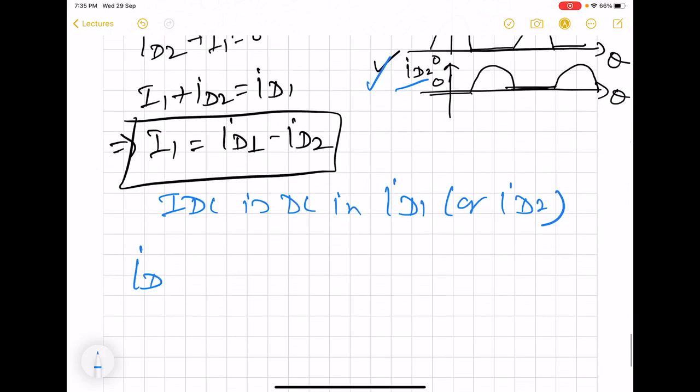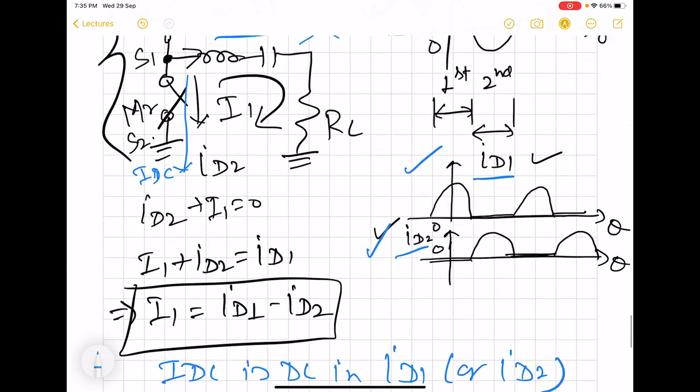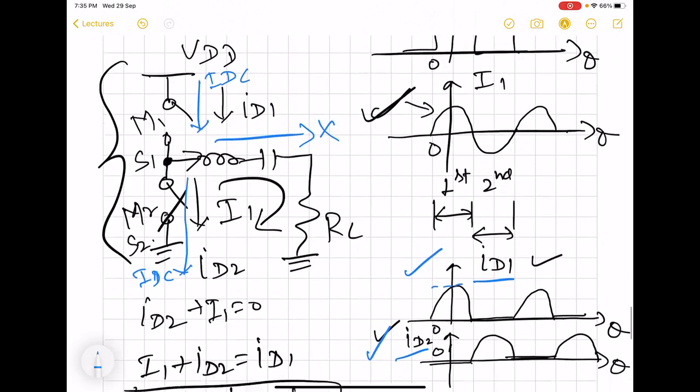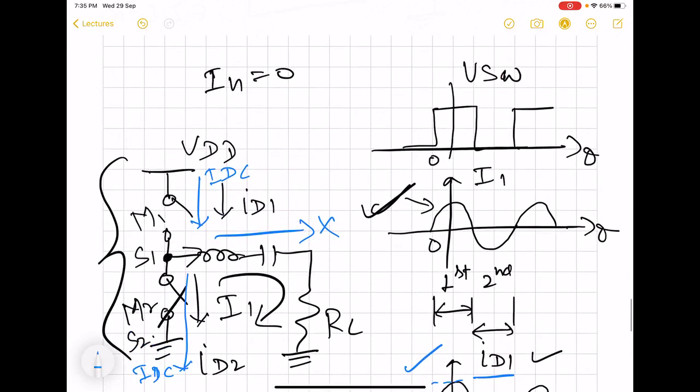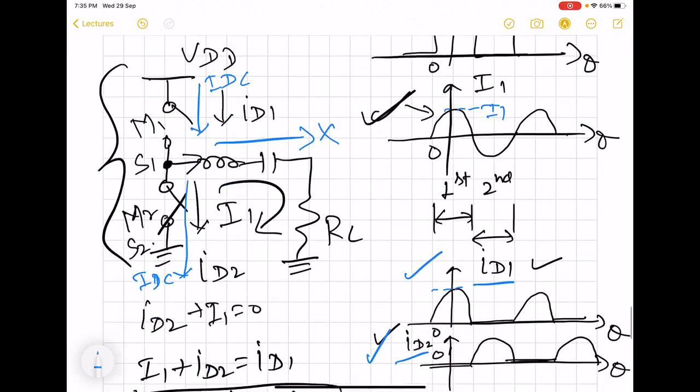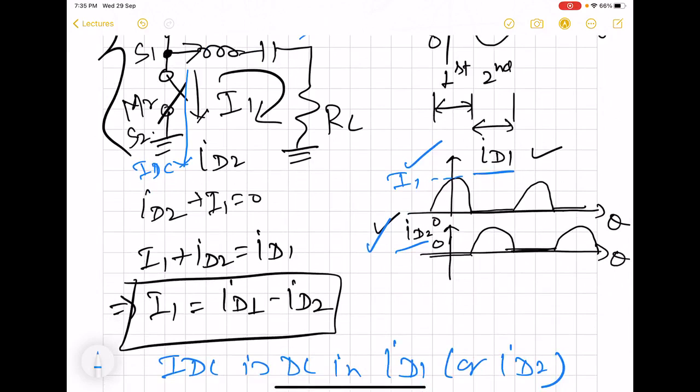So IDC is the DC in ID1 or ID2. We can write the equation for ID1, and for this case, let us say its amplitude is this I1. This is the peak value of the half-wave rectified part.